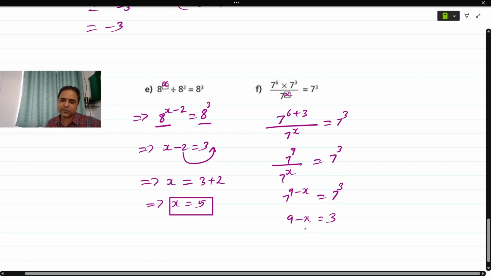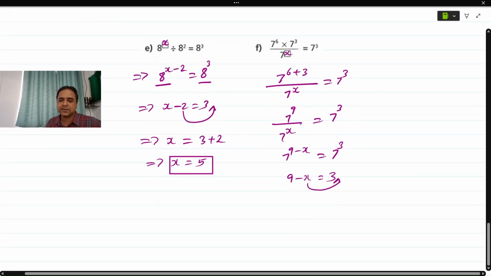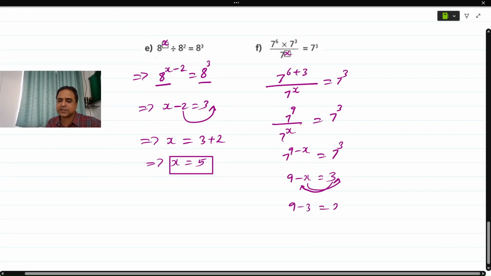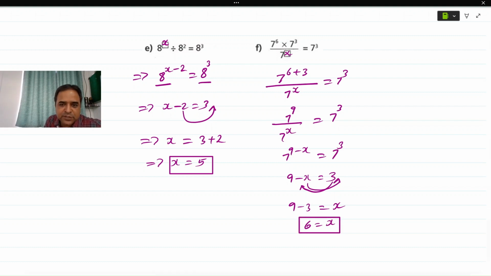In this case, I would suggest taking x on this side, so that it will get a positive sign, and this 3 is coming on this side, so it will take a negative sign. So 9 minus 3 is equal to x. 9 minus 3 is 6. So your x is equal to 6. So in place of this box, now you can fill in 6.